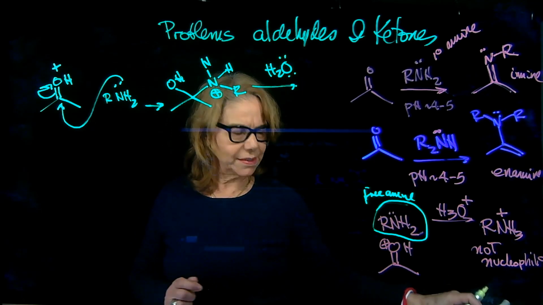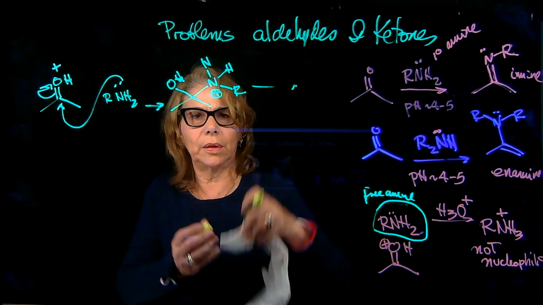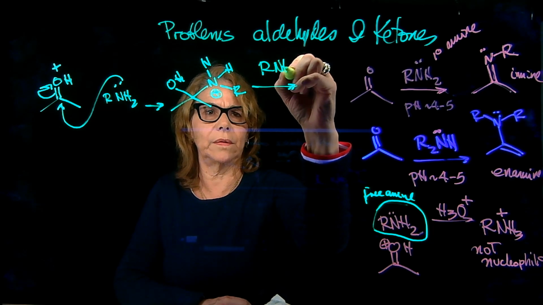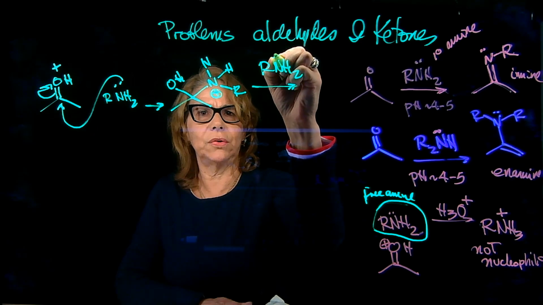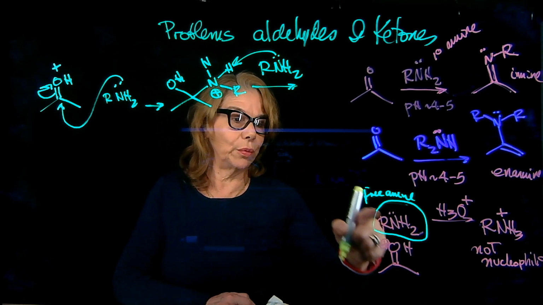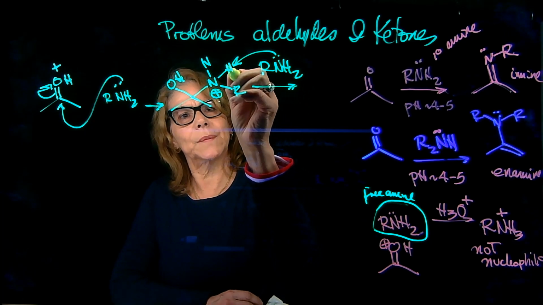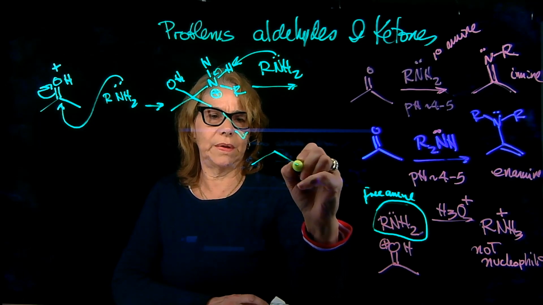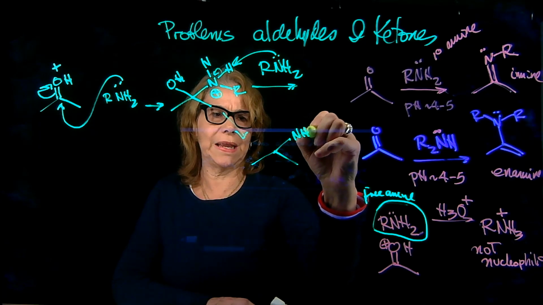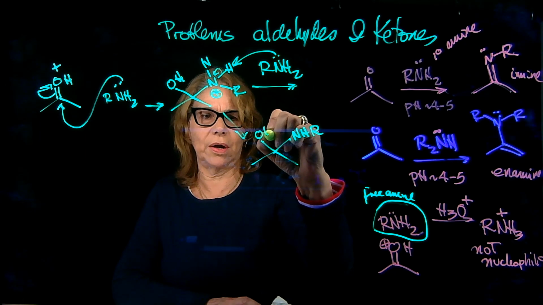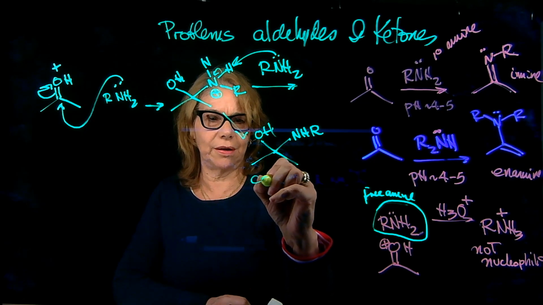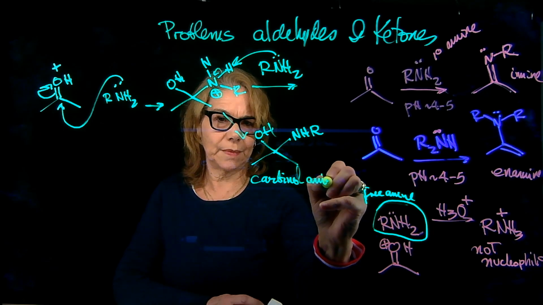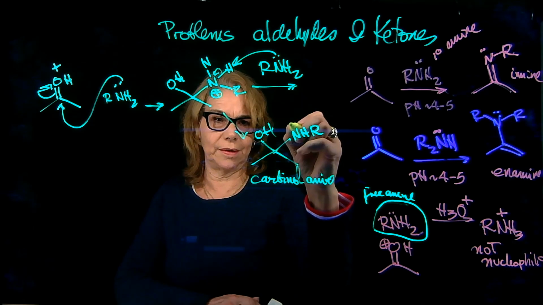The amine is more basic, so it removes the proton, and you're controlling the pH so that you always have free amine. And you get this compound, NHR, which is called the carbinolamine. So you have this OH and the amino group.